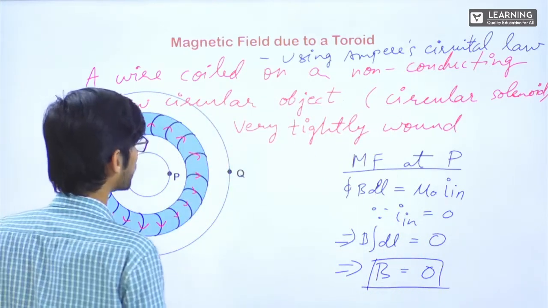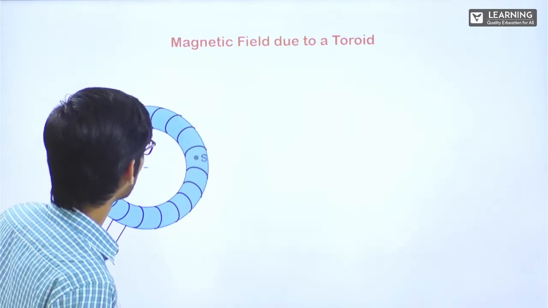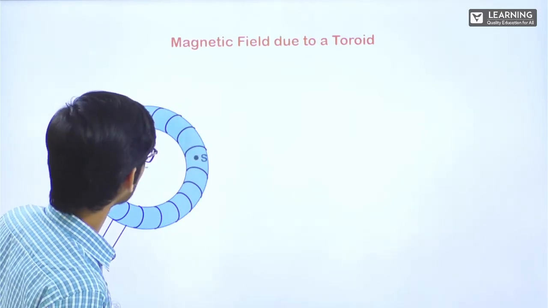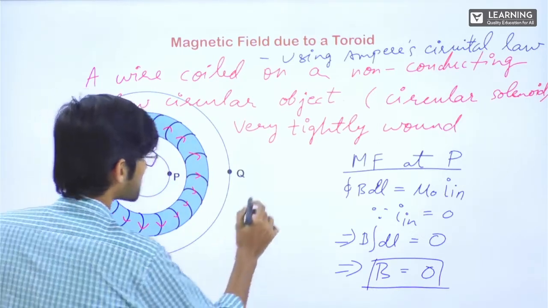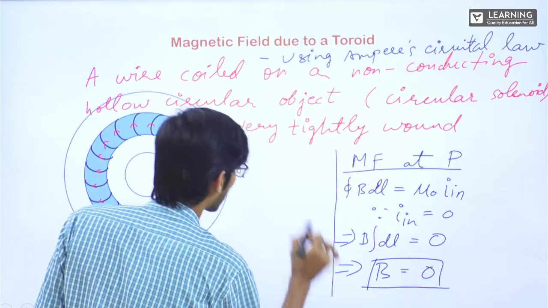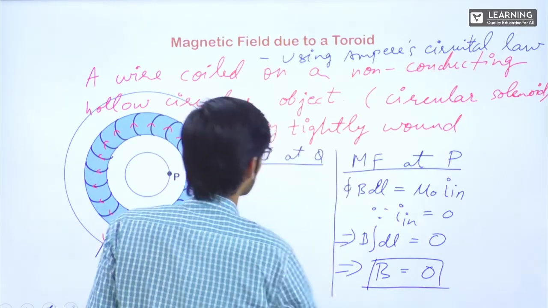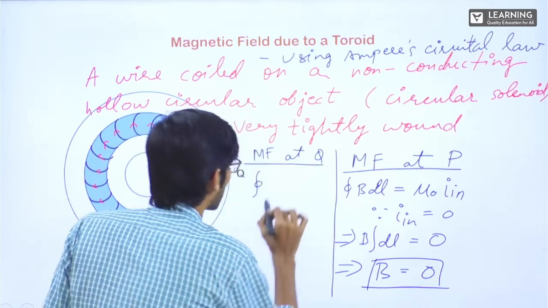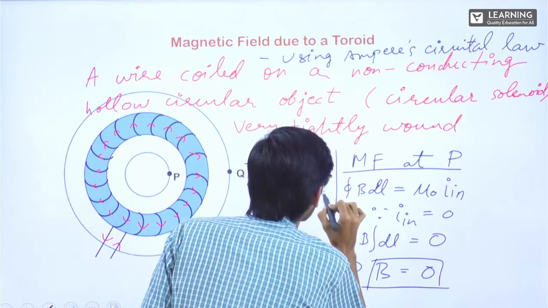See, at Q, if I want to write, okay, just a second. Here I'll write, magnetic field at Q. Integral B dl is equal to mu naught into I in.